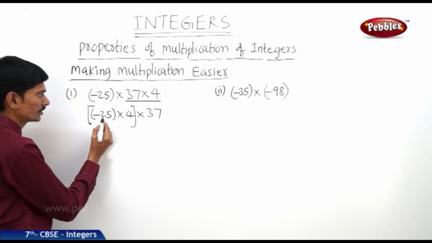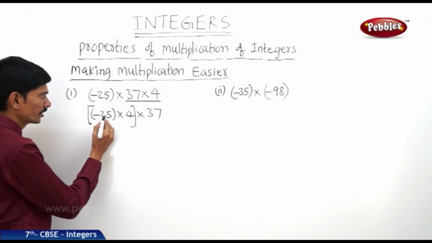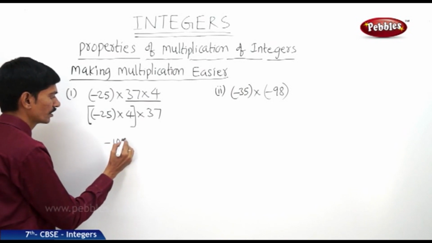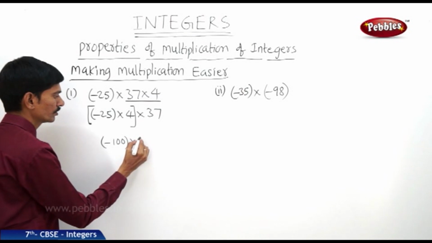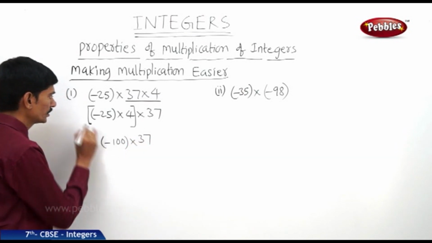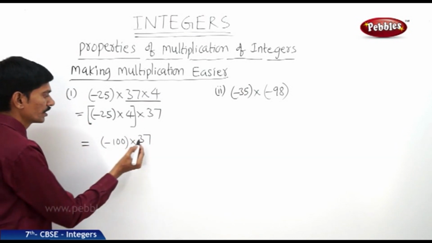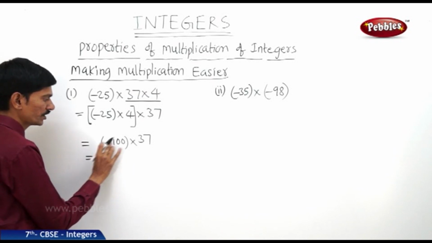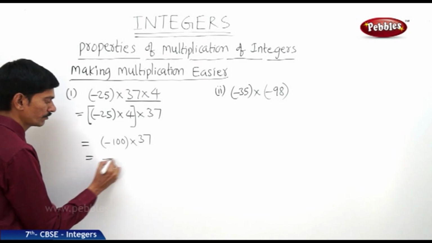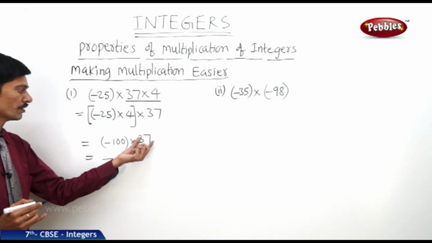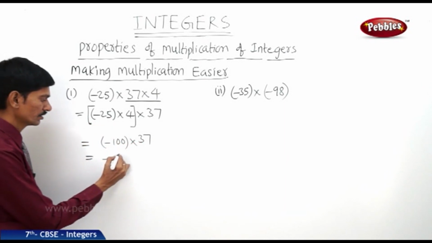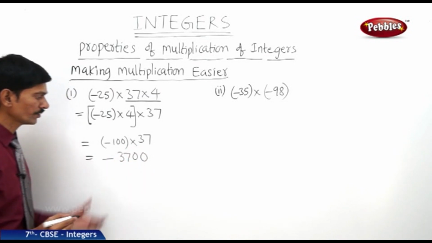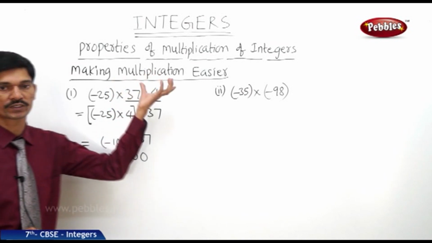Now minus 25 is multiplied by 4, so 25 4s are 100, so then we get minus 100 into 37. Now it is easy for us to multiply any number by 100. If you multiply a negative integer by a positive, we will get a negative integer, and 37 into 100 is 3700. So this multiplication will be easier when we use the properties.